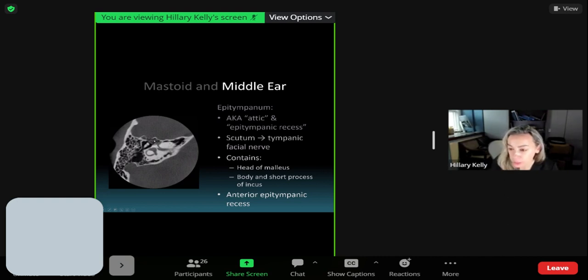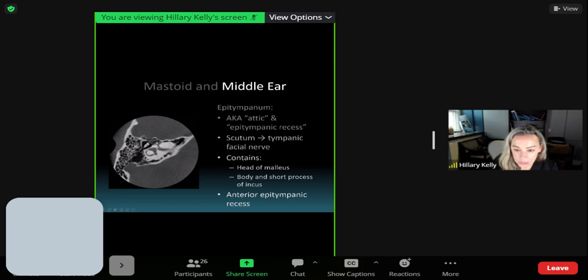But if you do have cholesteatoma eroding in here, you're much more likely to have facial nerve involvement. So that's why we care about the cog, because it can be this barrier to spread of cholesteatoma. And if it's eroded and the anterior epitympanic recess is involved, you've got to start worrying about the facial nerve a little bit more.